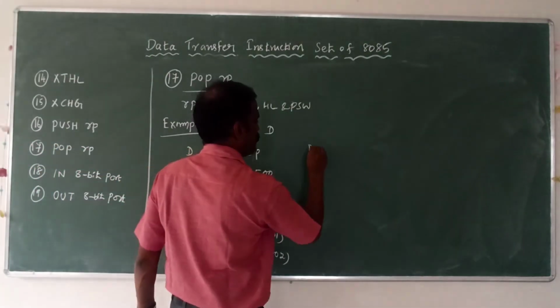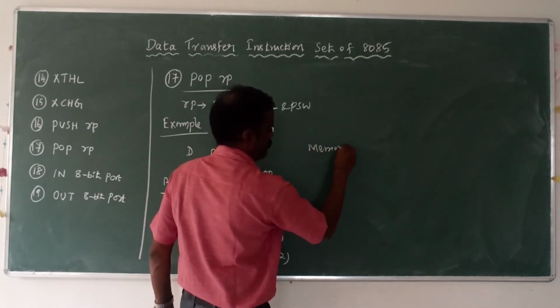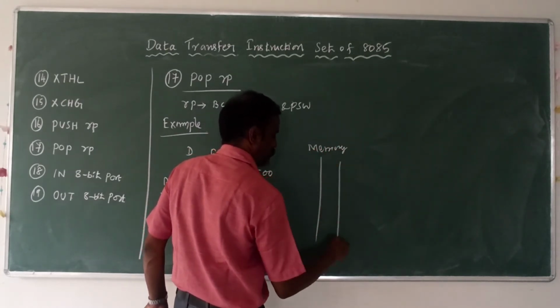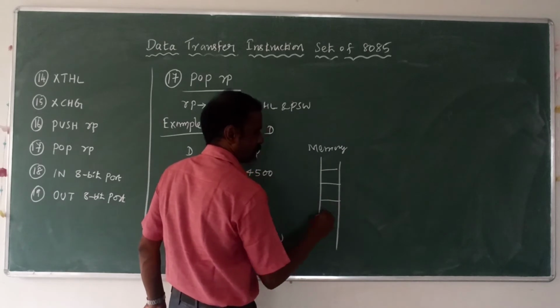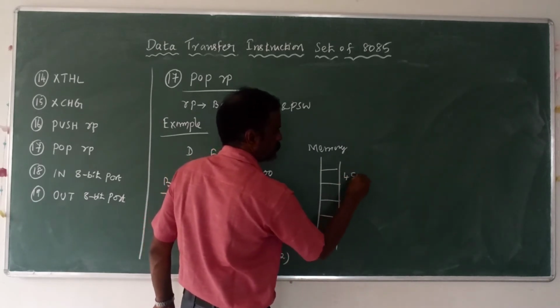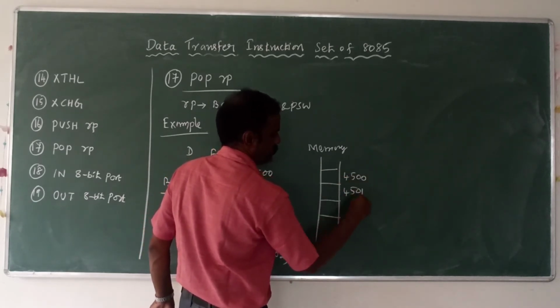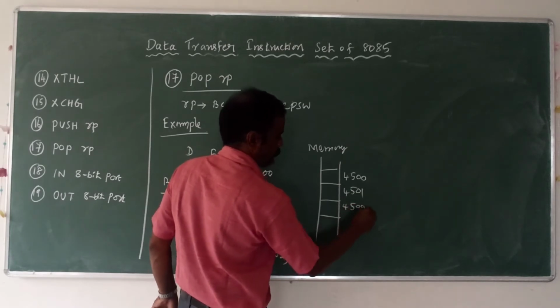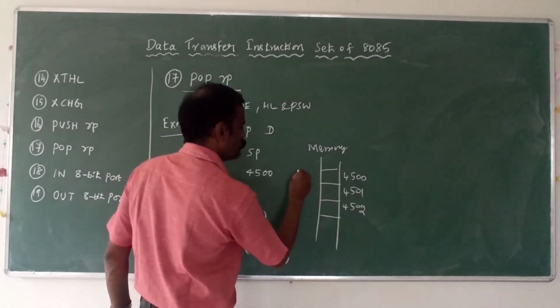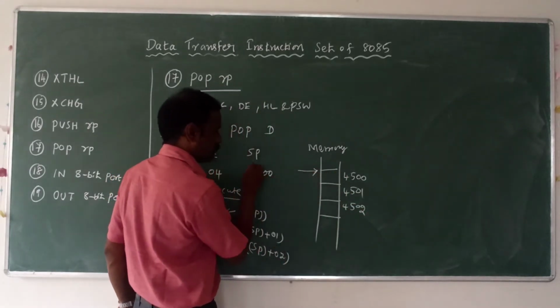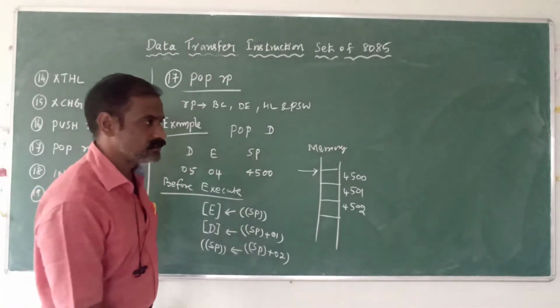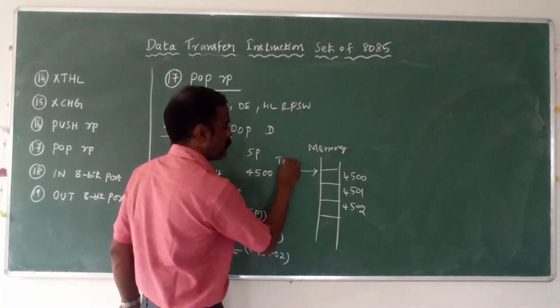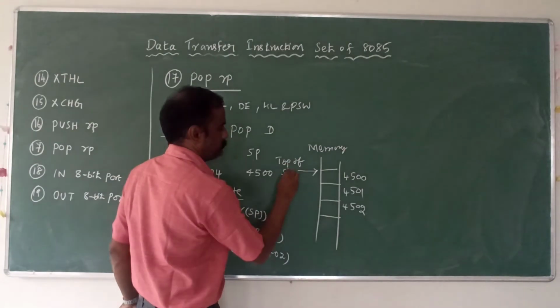Now memory means the number of stack locations. This is for 4500, 4501, 4502. Now this is the top of the stack. Here the stack pointer address is 4500. This is the top of stack.